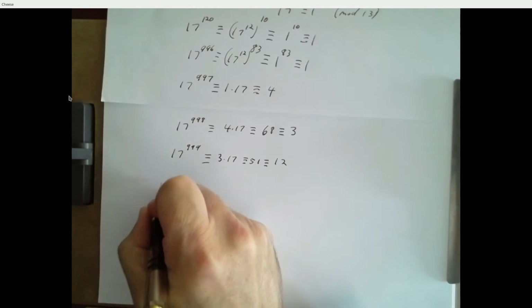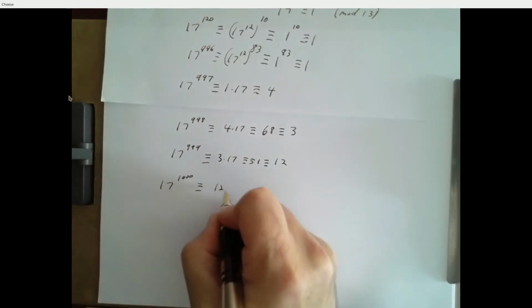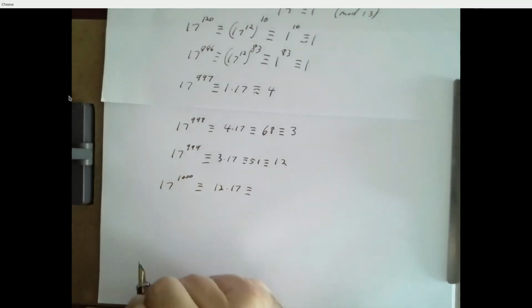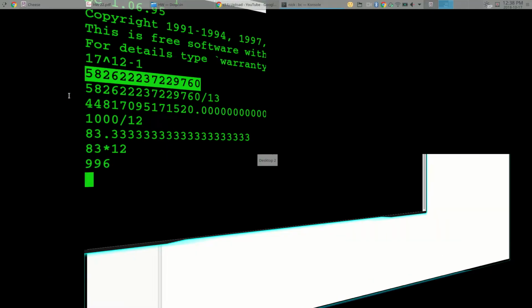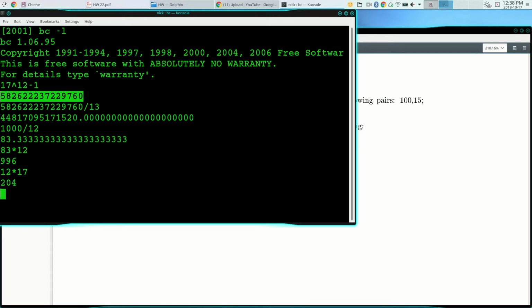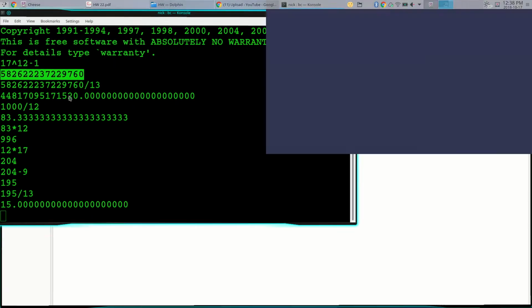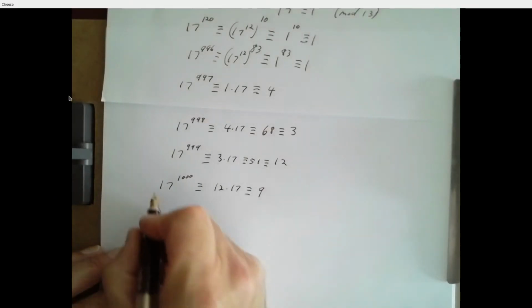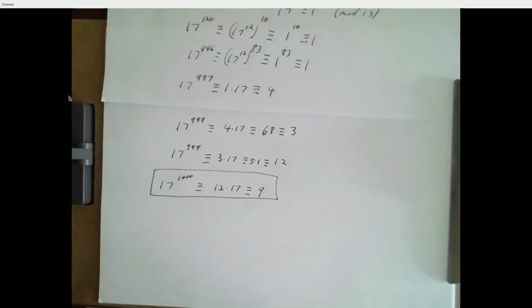So this is 12, and 17 to the 1000th will be 12 times 17, which is going to end up to be 9, if you trust me. Right, so that's a multiple of 13. So we just figured out on 1.5 sheets of paper what 17 to the 1000th is mod 13.